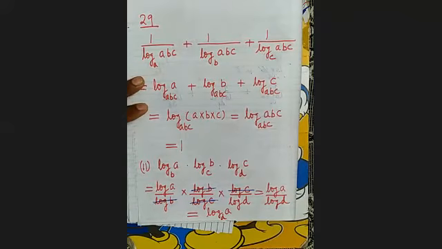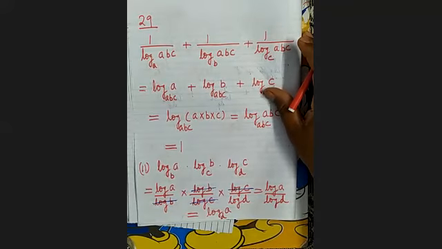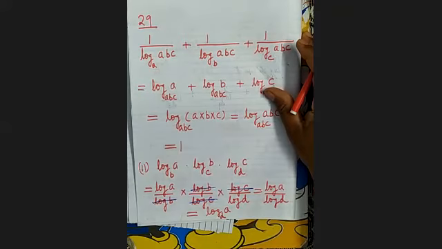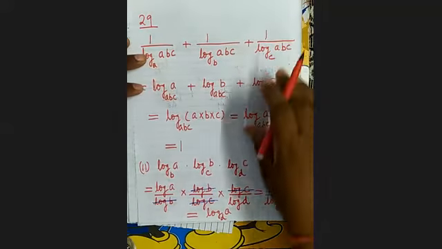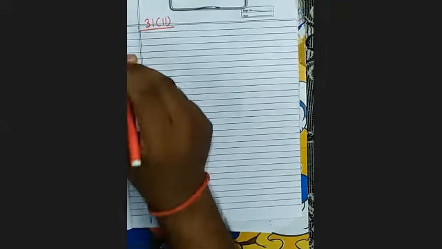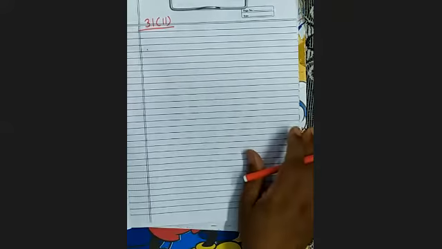Now similarly, question number 31. First part, second part, all the parts are of the same type. Question number 31, you can see. I am going to do the second part. You have to solve for x, means you have to determine the value of x.